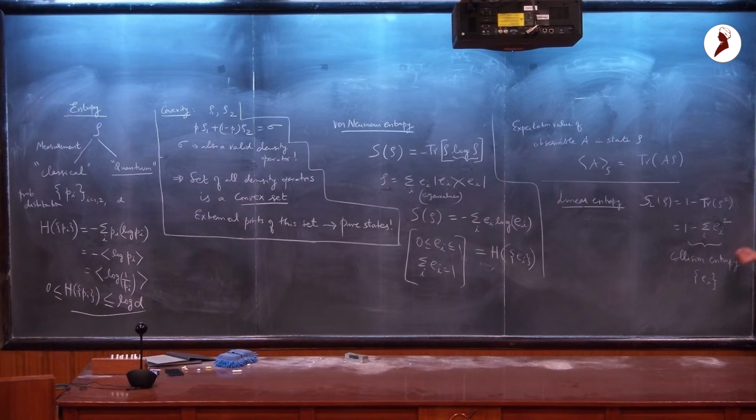Some of you who look at things like random walks might have seen something like this. 1 over this is sometimes called an inverse participation ratio in the context of information spreading or state spreading over multiple sites. And you can then think of this without the 1 as the expectation of e_i itself. And so you're taking the expectation of a linear function and hence the name linear entropy also.